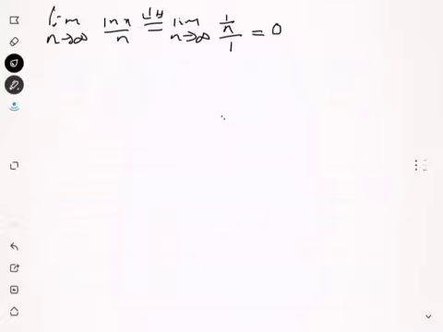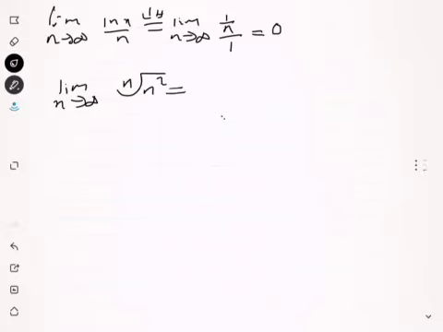Other examples would be, let's take a look at something like, what is the limit as n approaches infinity of the nth root of n squared?